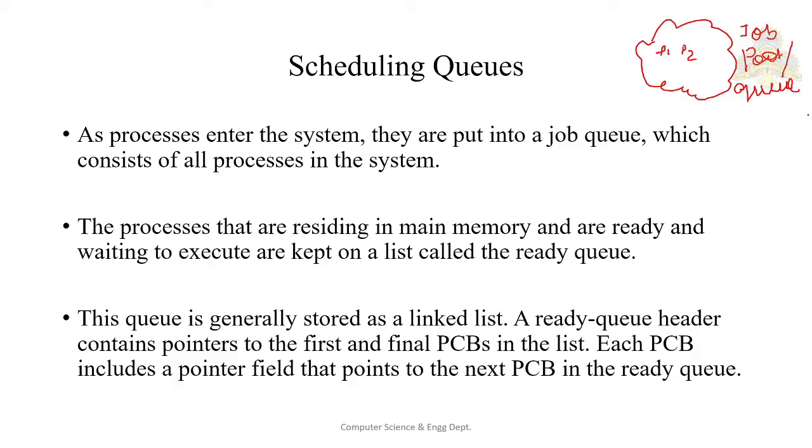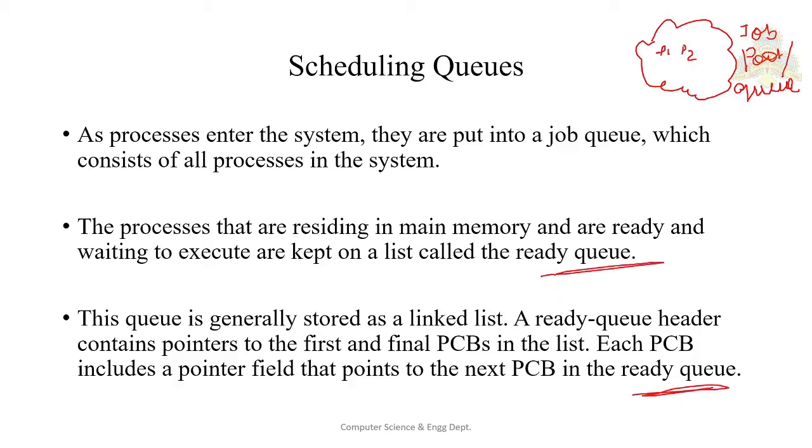So we have now talked about two queues. The first one is the job queue. That means all the processes in your system will be residing in a pool called the job queue. Now another term is the ready queue.